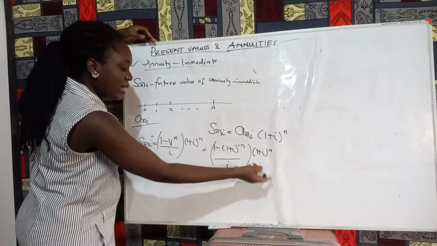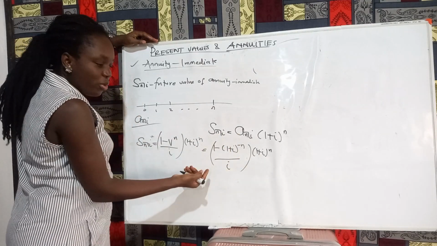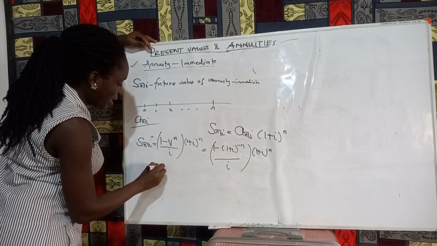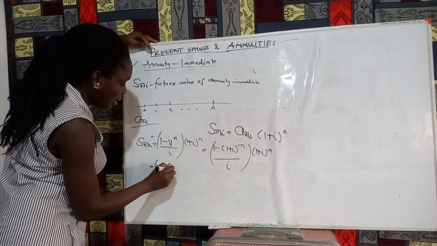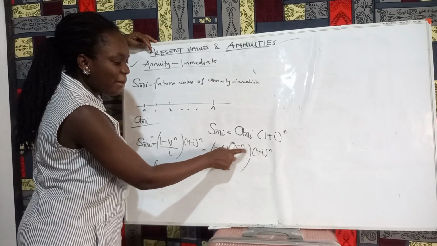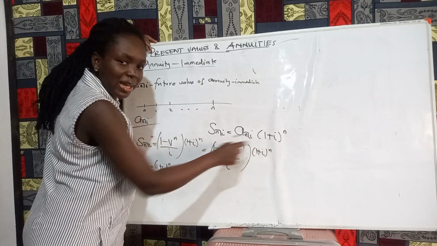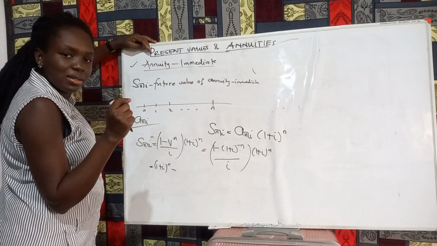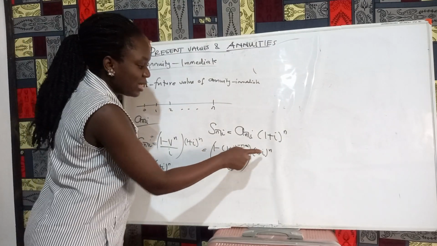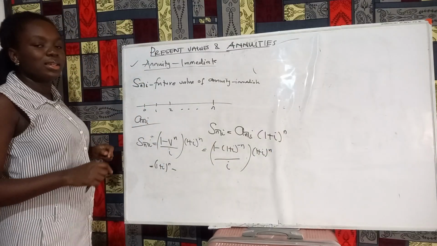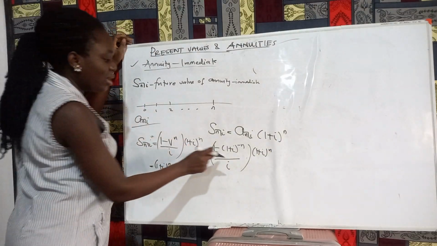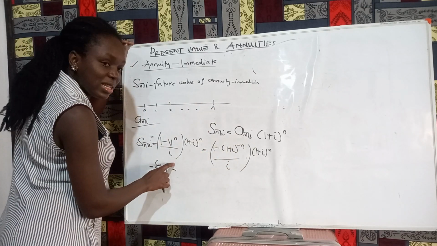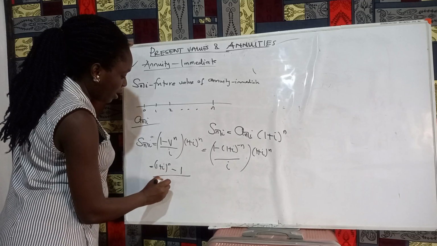So 1 plus I to the power n multiplies 1 to give 1 plus I to the power n, minus 1 plus I to the power minus n times 1 plus I to the power n. The minus n and n cancel out, giving 0, and any number to the power 0 gives you 1. So this is 1 plus I to the power n minus 1 all over I.